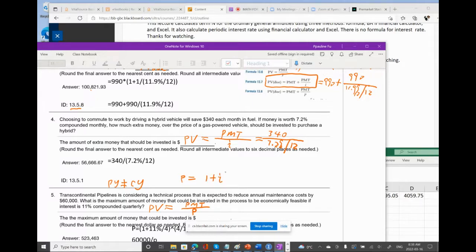P equal to 1 plus I raised to power C minus 1. And what is C? C equal to CY over PY. Okay. And what is CY? CY is interest is compounded quarterly. CY equal to 4. What is PY? This is annually. So PY equal to 1.